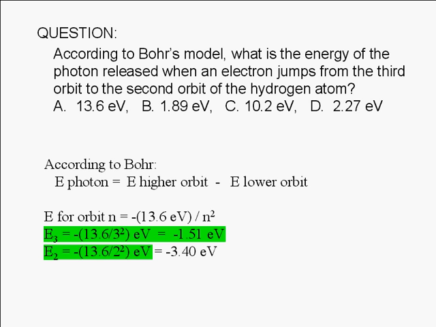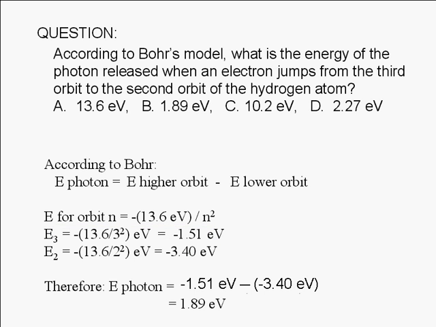Negative 13.6 electron volts divided by 2 squared equals negative 3.40 electron volts. The energy difference, negative 1.51 electron volts minus negative 3.40 electron volts equals 1.89 electron volts. Therefore, the correct answer is B.